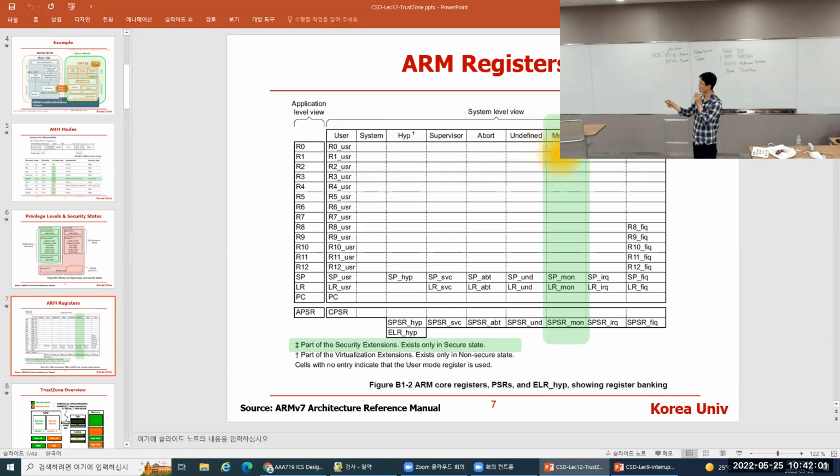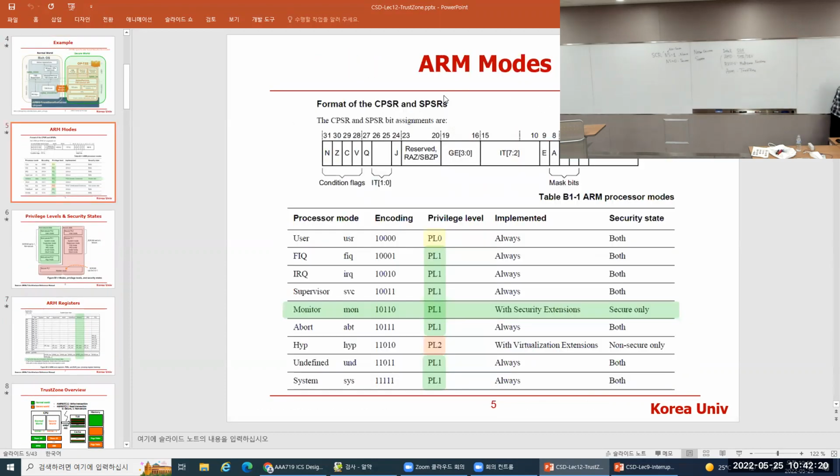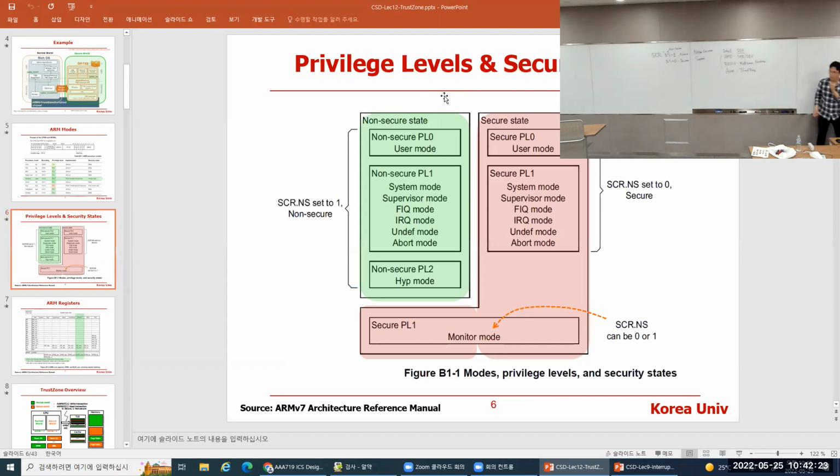That's the gatekeeper. So 9 different operating modes, and this one is very special: hypervisor mode for virtualization support. Keep that in mind, hypervisor mode and monitor mode. In normal world, you have system mode, supervisor, and so on, 6 different operating modes.